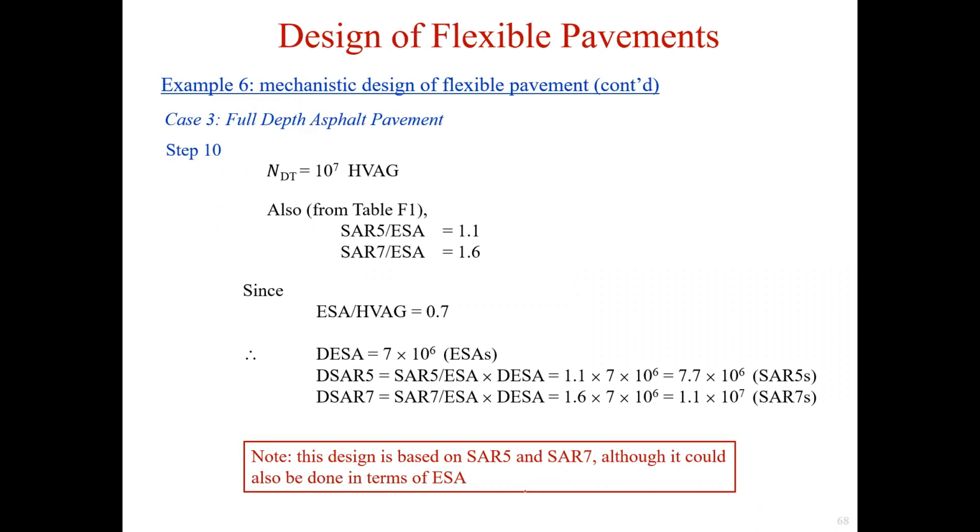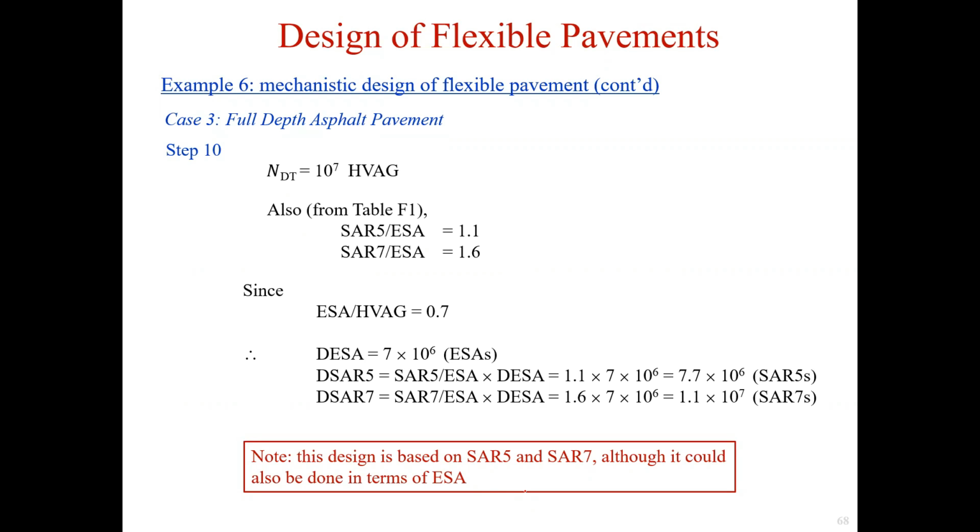Step 10 is to determine the design number of standard actual repetitions, SAR, for each relevant distress mode. From the given condition of NDT, SAR5 over ESA, SAR7 over ESA, and ESA over HVAG, we could work out DESA, DSAR5, and DSAR7. In previous case, we convert the unit to ESA because we need to plug in all values in total allowable loading formulas.